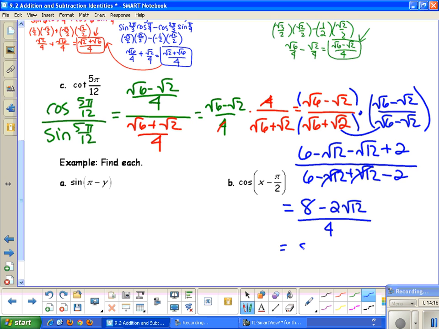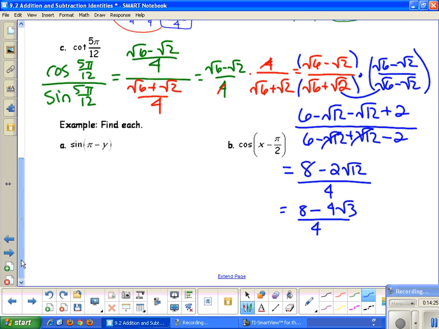So for this one I get 8 minus, this would become 4 root 3. And then of course we can simplify that even further, and this would end up being 8 divided by 4 is 2, and 4 over 4 would be 1, so minus root 3. So this would be the cotangent exact value answer for this equation that we just did.